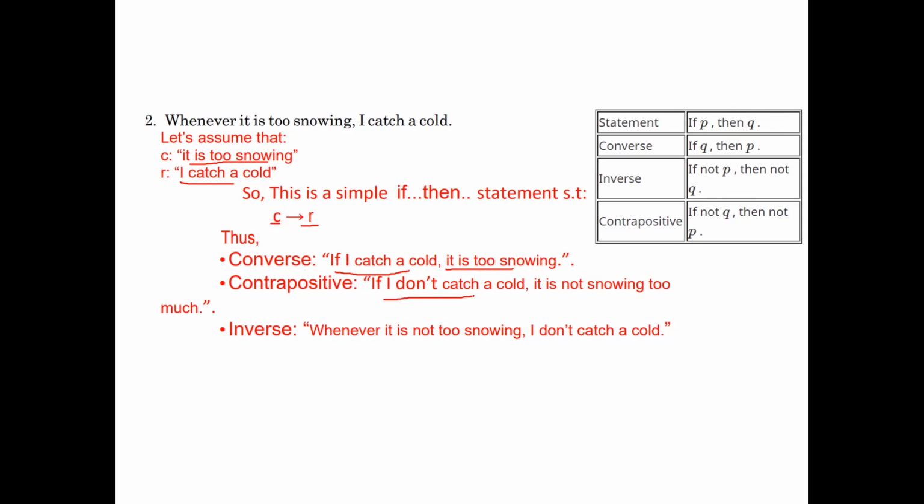Contrapositive: if I don't catch a cold, it's not snowing too much. Makes sense. Whenever it is not snowing too much, I don't catch a cold. We wrote it correctly, but as a truth value, same as the converse, it's not necessarily true.